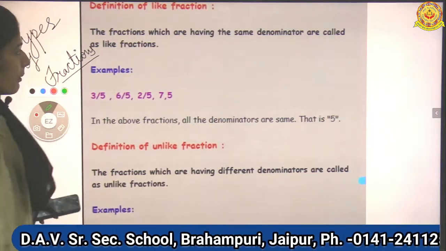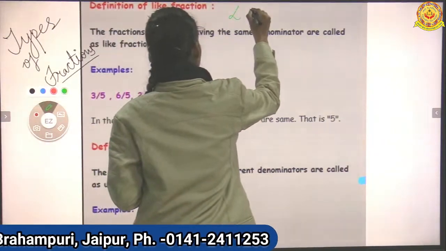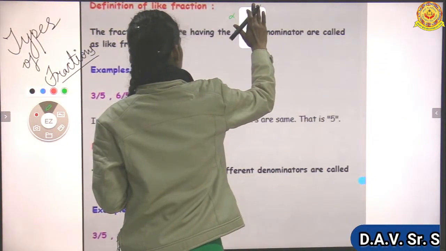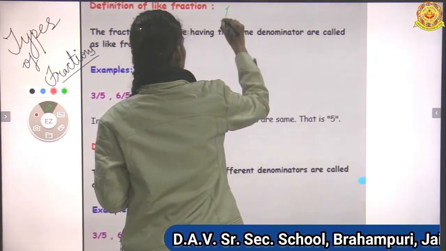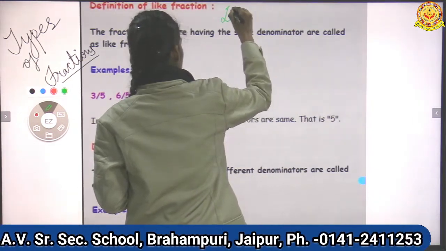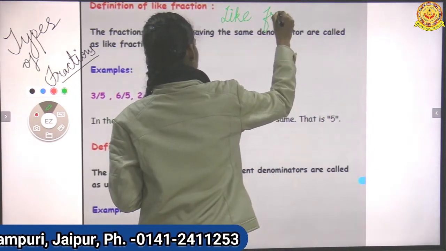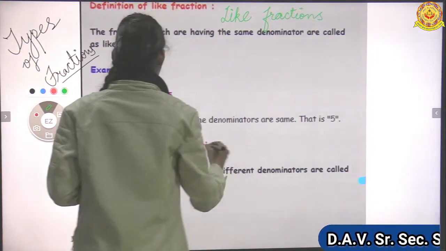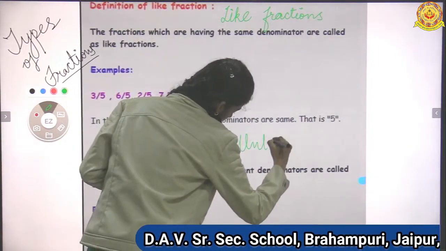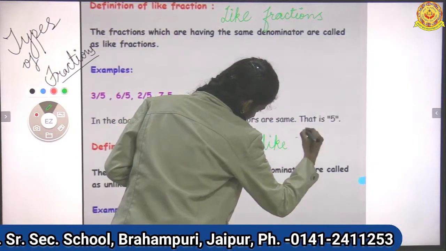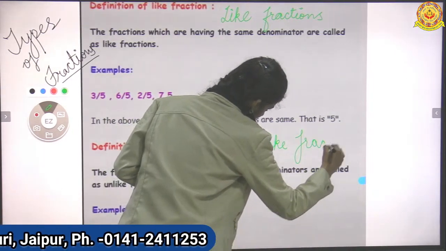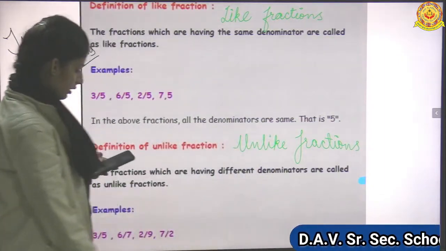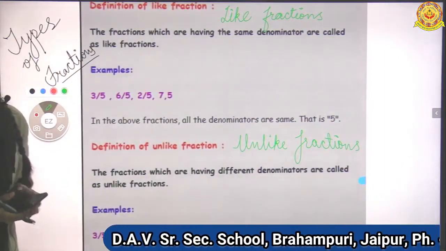First we are discussing like fractions, and secondly we will discuss unlike fractions. So first, what are like fractions?